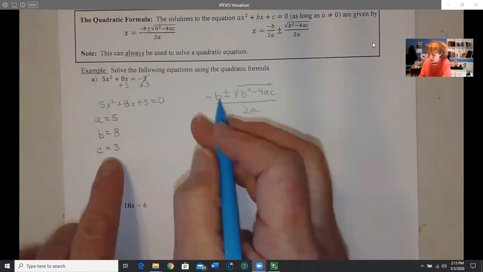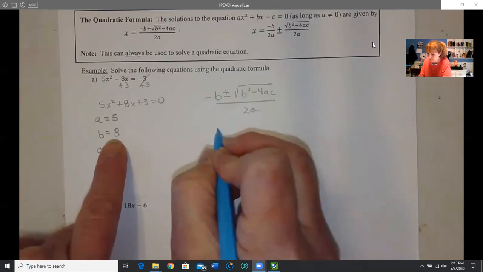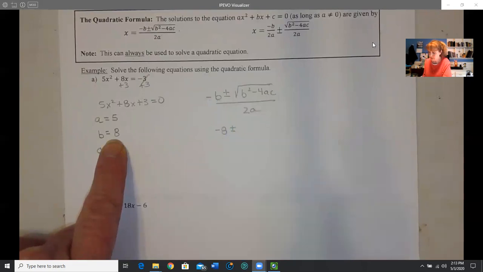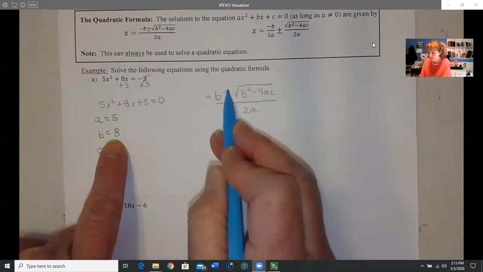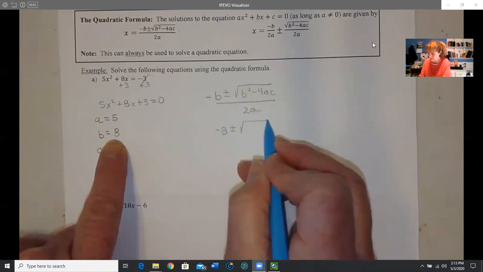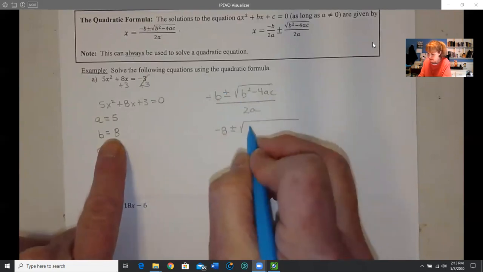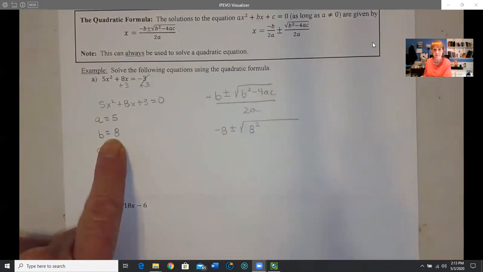So here we'll have the opposite of the b, which will be a negative 8. Okay, we took the opposite of b, so it's a negative 8. Plus or minus, we're going to square the b. So we're going to take the 8 and square it. Okay.